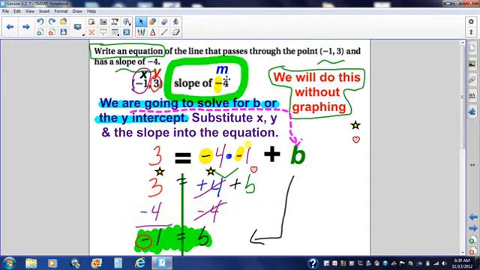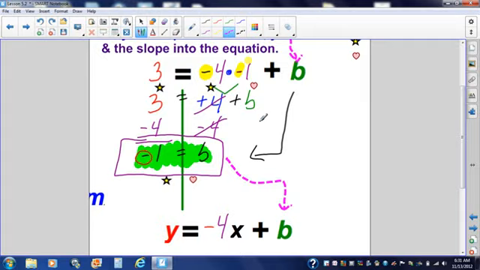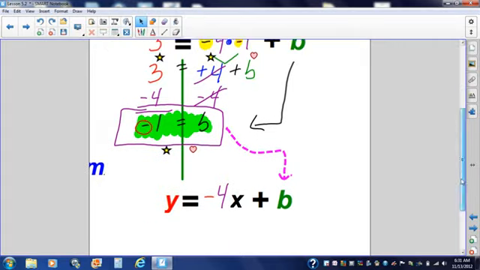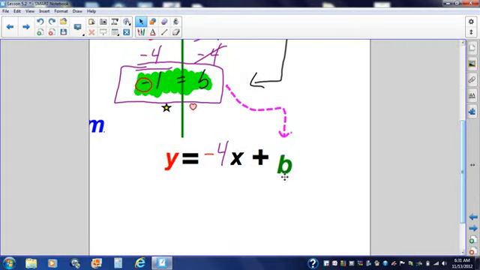Now, I'm going to leave x where it's at. I solved for b earlier, and I said b equals -1. I am going to take out the b and put in a -1.